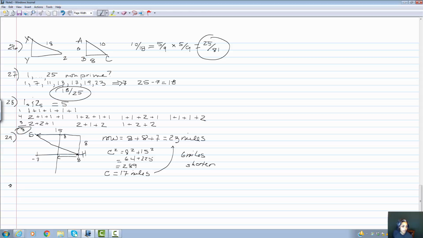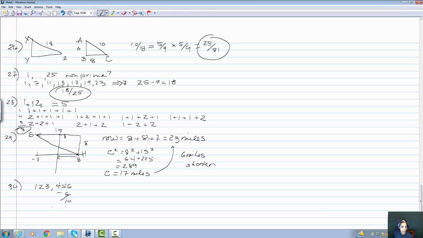Okay, last question. What is the result when Ellen starts with the integer 123,456 and does the following? She subtracts 6 and then divides by 10.